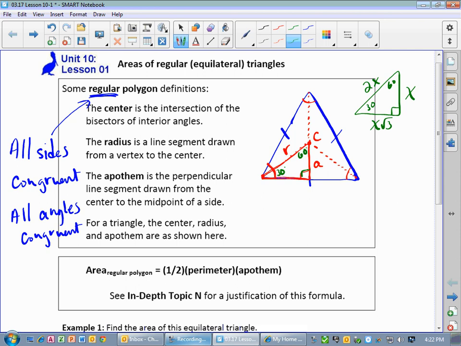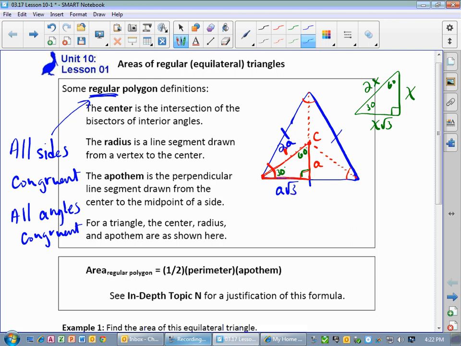Similar to the 45, 45, 90, but then the hypotenuse is twice as long, and the other leg is times the square root of 3. So in this case, since we have A as the short leg, the hypotenuse is twice as long, 2A, and this leg is A times the square root of 3.